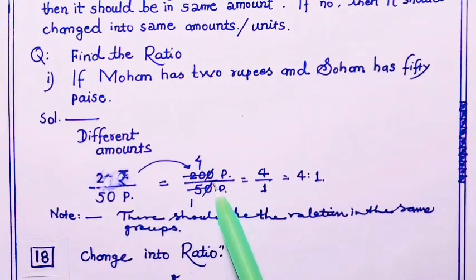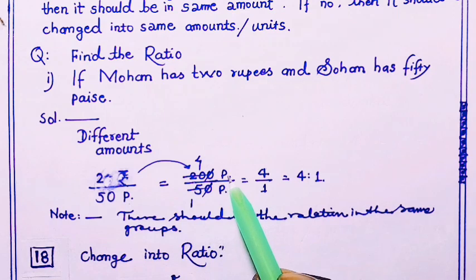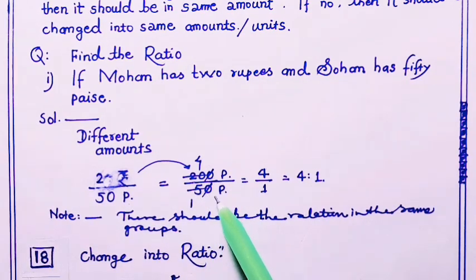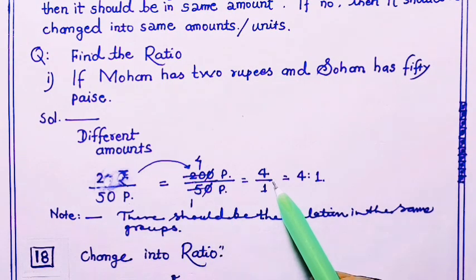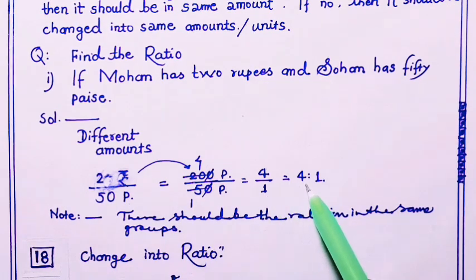So now both the quantities are same now. So 200 by 50 paise, now it will be cancelled. The next number we find 4 by 1, and the ratio is 4 to 1.